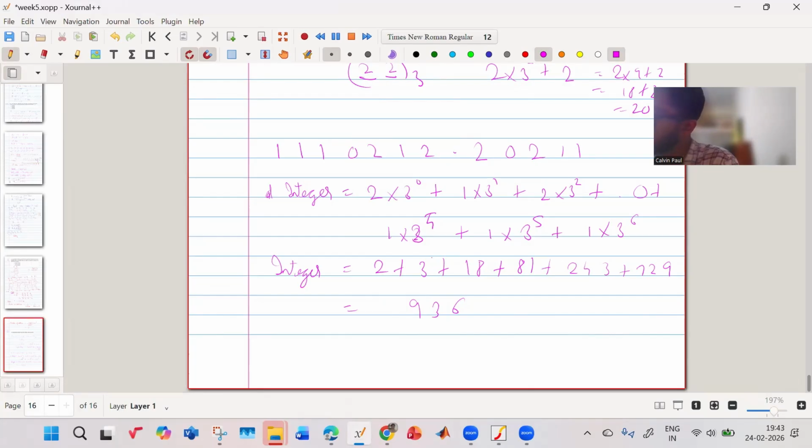And 3 to power 4, 3 to power 5. 3 to power 3 is 27, 27 into 3 is 81, 81 into 3 is 243. So 3, 9, 27, 81. This is 81, this is 243, this is 729. Where am I messing up?